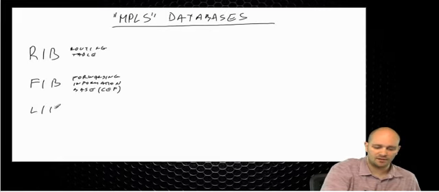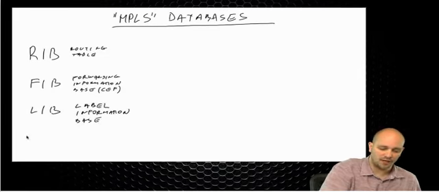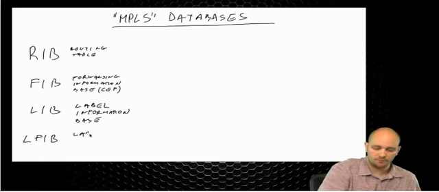Then we have something called the LIB, which is the label information base. And we have something called the LFIB, which is the label forwarding information base.